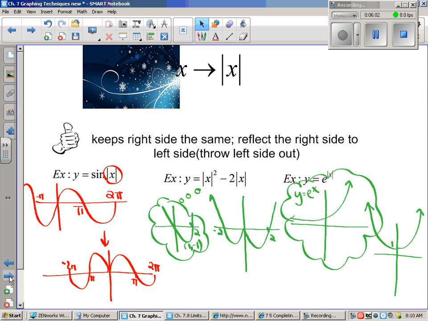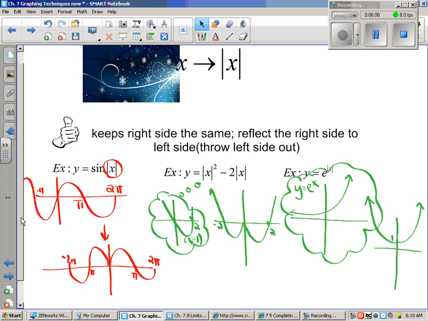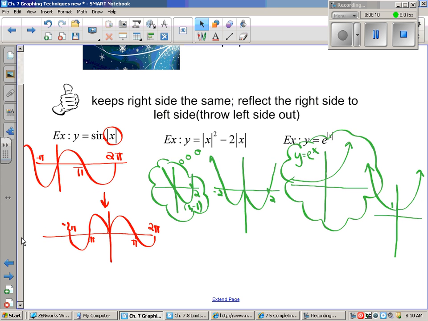It looks like a parabola, but the truth is it's just the e to the x split into two pieces. And so that's absolute value of x and absolute value of the entire function of y. Keeping in mind, when we're talking about the whole function having the absolute value, it bounces. When we're talking about just the x, it simply keeps the right-hand side the same, and the left-hand side looks just like the right.